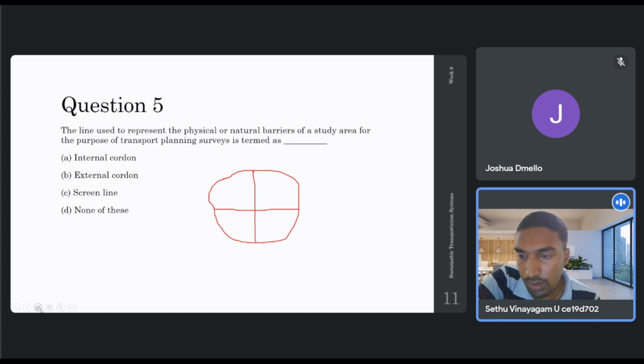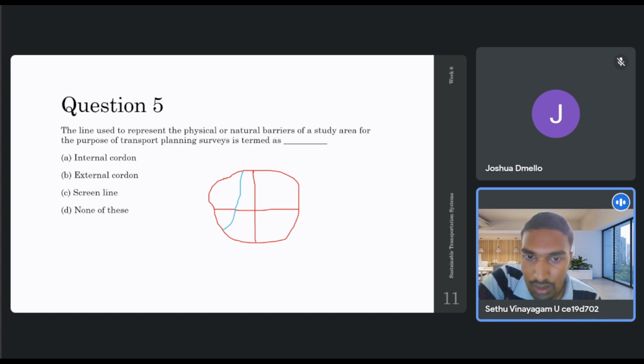Sometimes, say there is a natural barrier, for example, a river that is flowing through the city. Suppose this blue line represents a river. We will take this river as a boundary of a particular zone that we are interested in. For example, we have this red line that is a boundary that we are interested in.